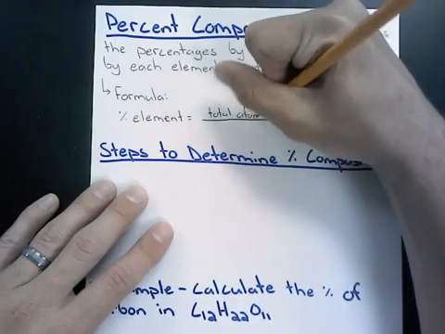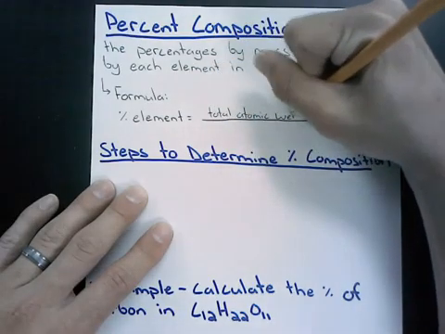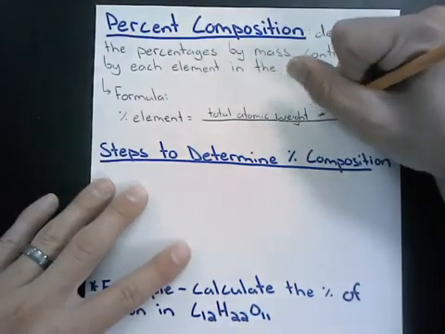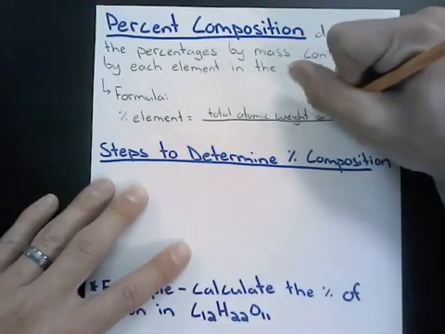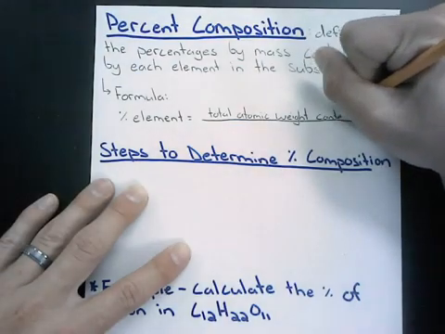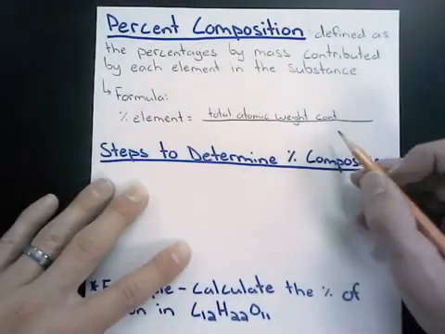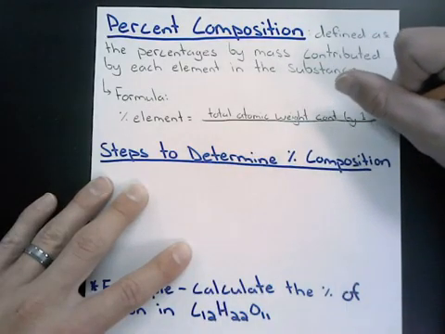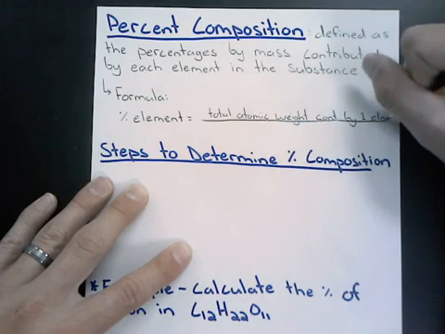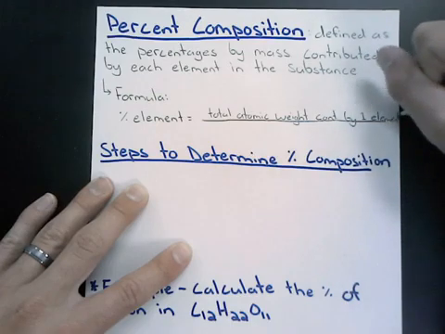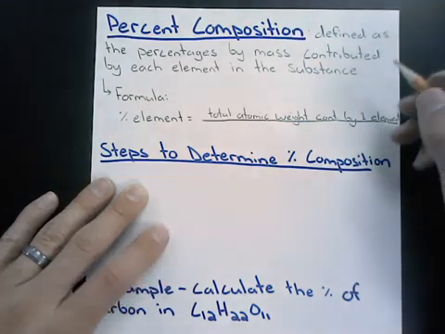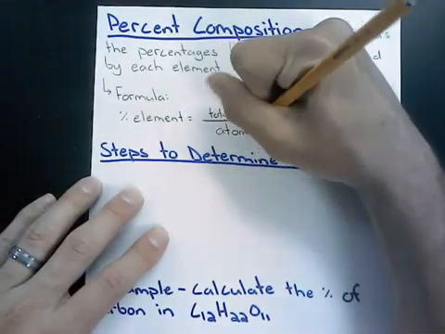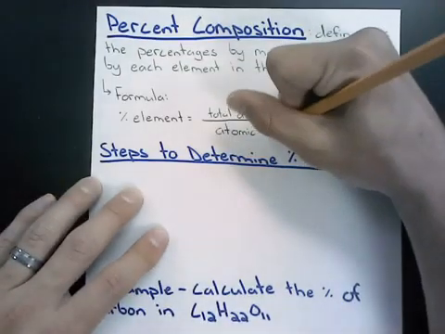atomic weight contributed from the element itself. So I'm going to abbreviate this, total atomic weight contributed, as CONT, contributed by one element, all divided by the entire atomic weight of the compound.